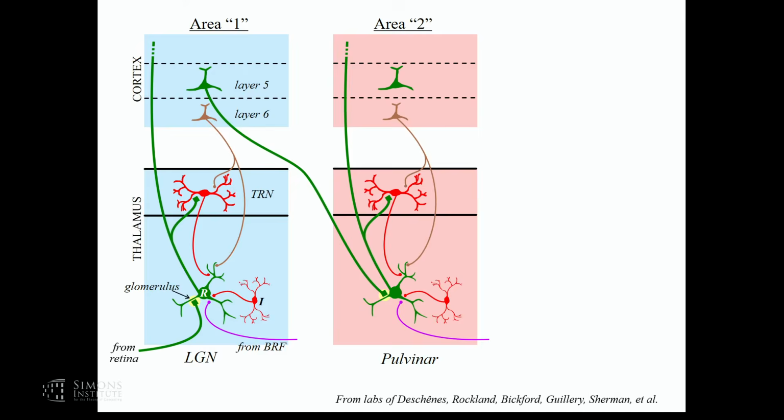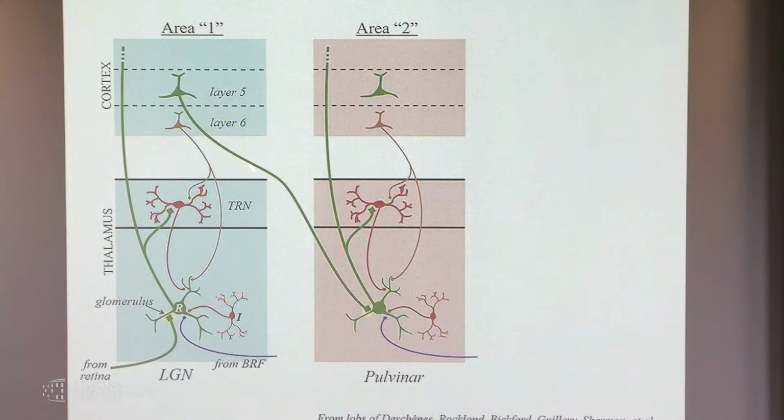So what we think is going on here is that the pulvinar serves to relay information from one cortical area to another. So we're calling the LGN an exemplar of a first-order relay because it relays information for the first time, visual information in this case, to cortex. We're calling pulvinar an exemplar of a higher-order relay because it's relaying information that's already in cortex, but from one cortical area to another.